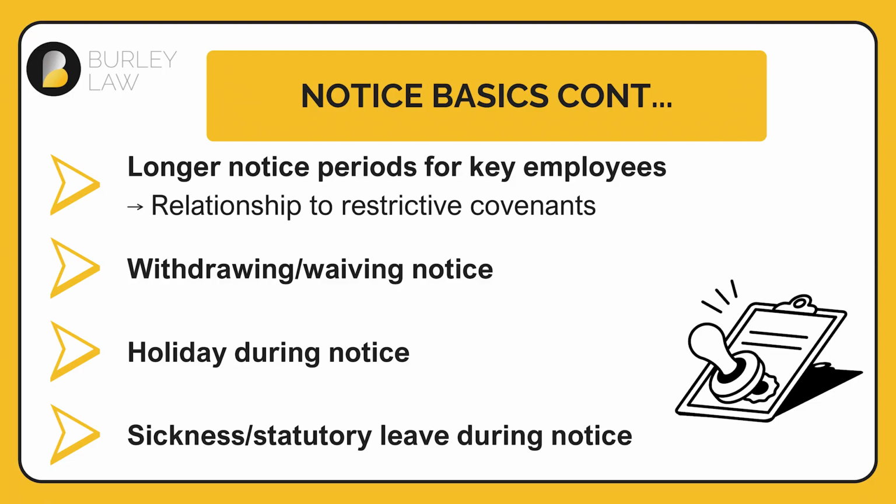It is, under the terms of the contract, a contractual term. If notice is given, it doesn't have to be accepted by the other party. It is served in line with the contractual requirements. It cannot be withdrawn unless there is agreement between both sides. So that would have to be done by mutual agreement.